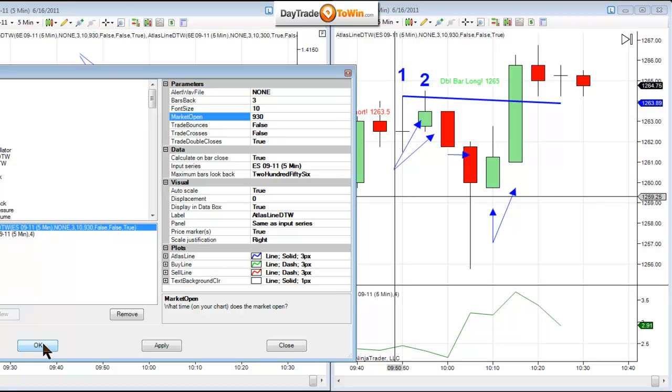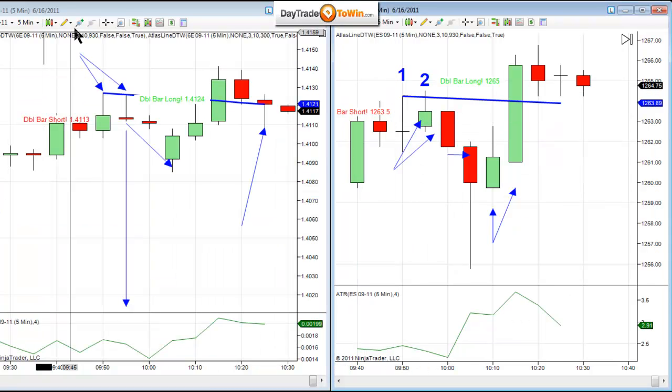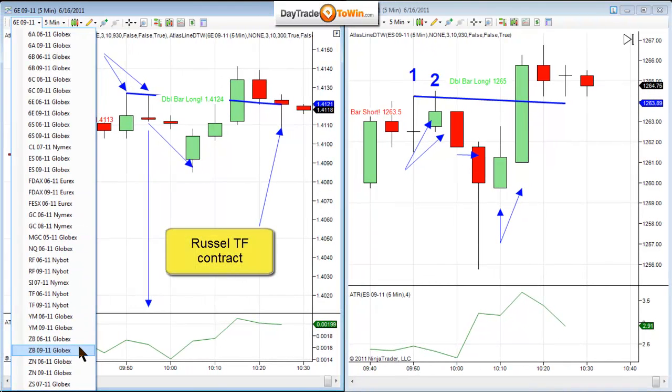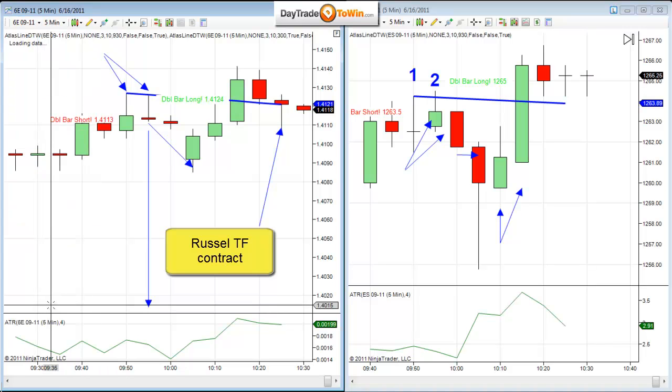All right. Russell. Sure. Let's take a look at the Russell here. Is it the E-mini Russell you trade, Phil, or just the TF? Here's the Russell.